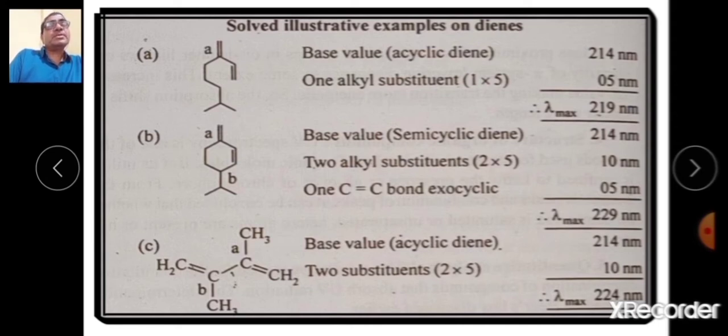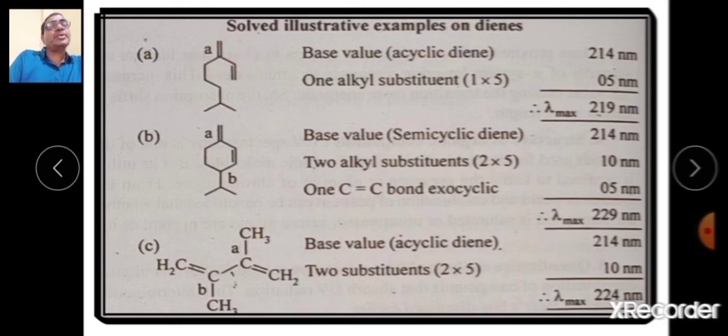In the first problem, the diene system is shown: double bond, single bond, double bond. This is a diene system, it is acyclic, and here it is a substituent on the diene.